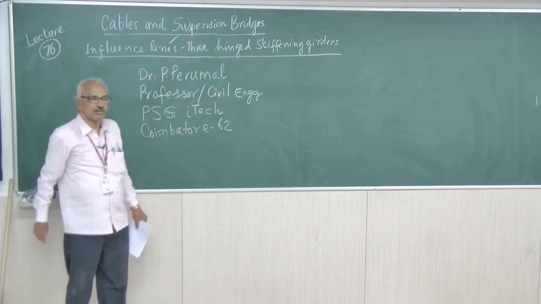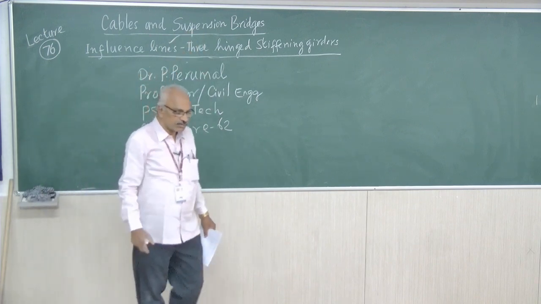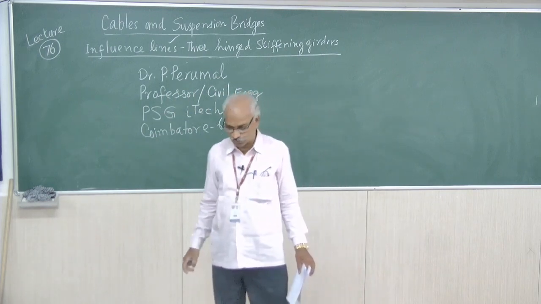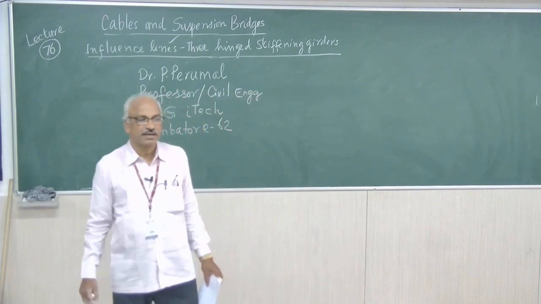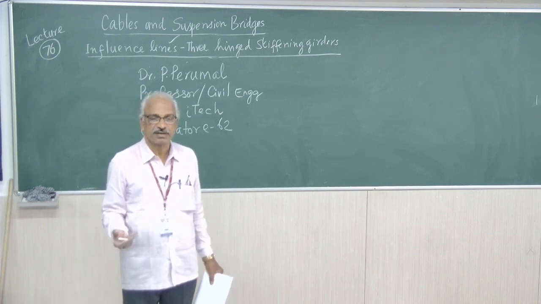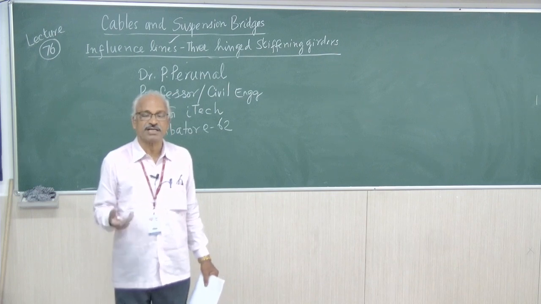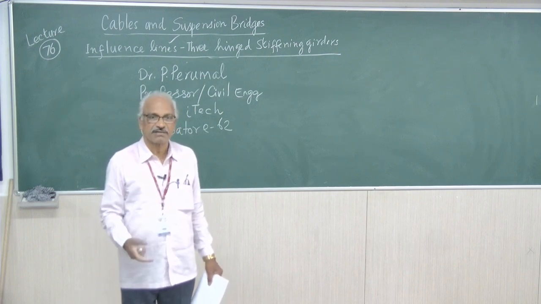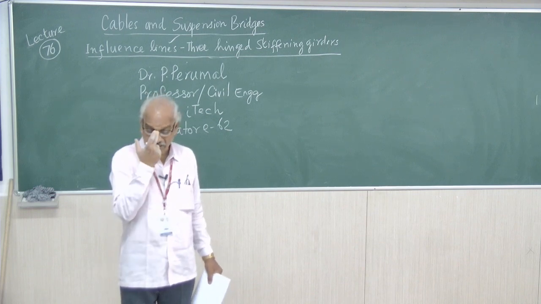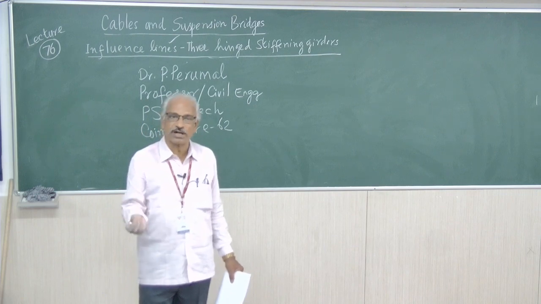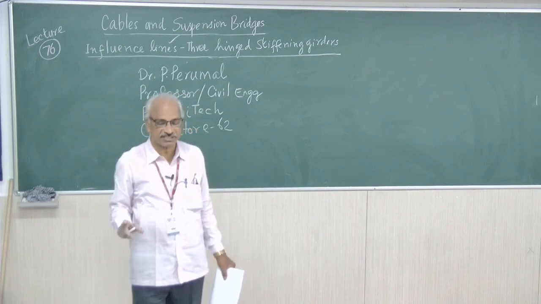So, we know influence lines are due to a moving unit load. They give the variation of a function: variation of shear force, variation of bending moment, variation of horizontal thrust, variation of horizontal tension. All these are obtained when a unit load moves from one end to the other end of the given structure.